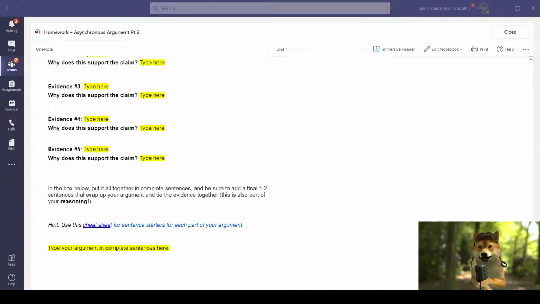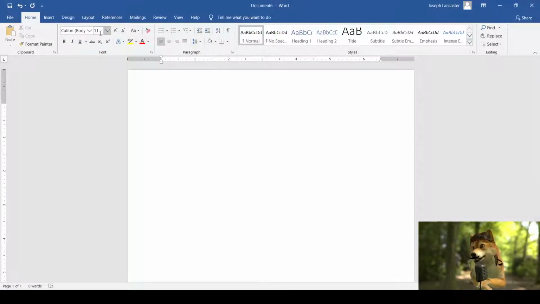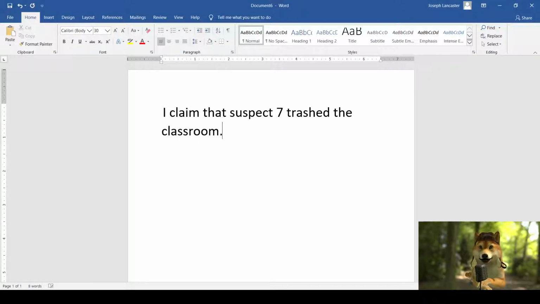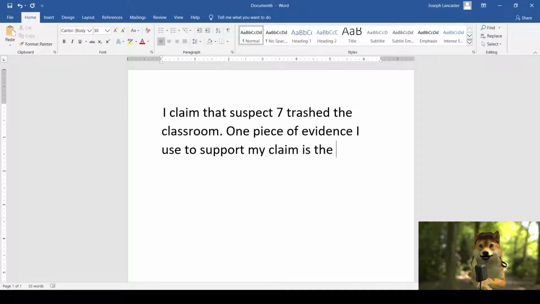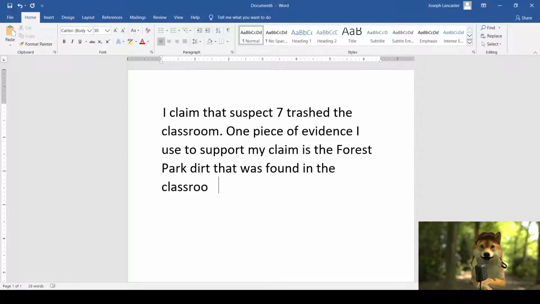So at the end it would probably look a little something like this. I'm going to go ahead and open up a Word document here. Alright, size 30 so you can see it. So I claim that Suspect 7 trashed the classroom. One piece of evidence I use to support my claim is the Forest Park dirt that was found in the classroom.